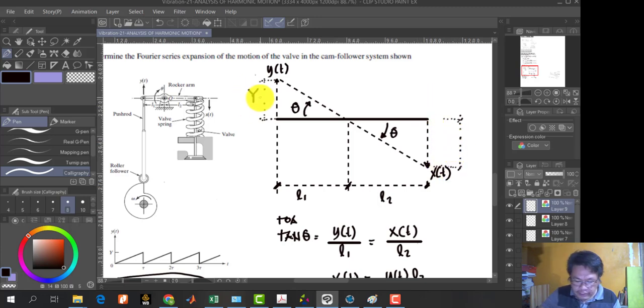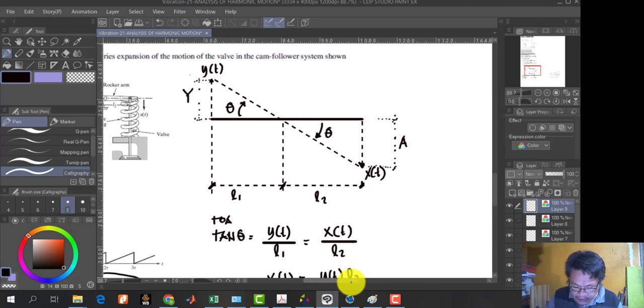Usually this is my amplitude on the other side, at the motion of the push rod. But we are merely concerned with the motion of the bulb. So I'm going to denote this one as A, to represent the amplitude of x as a function of time, the motion of our bulb.